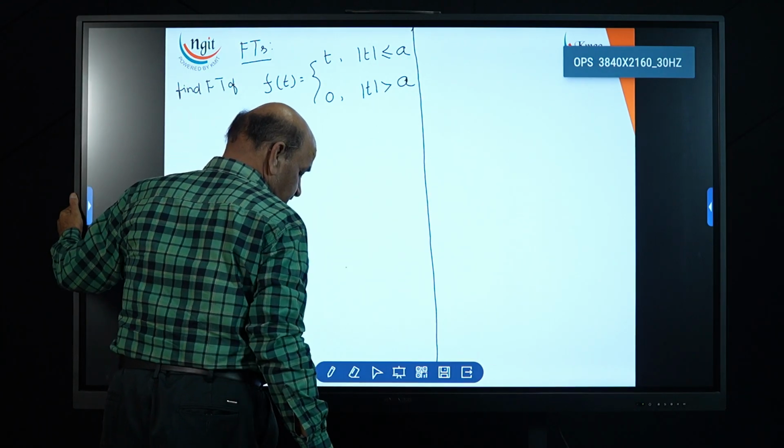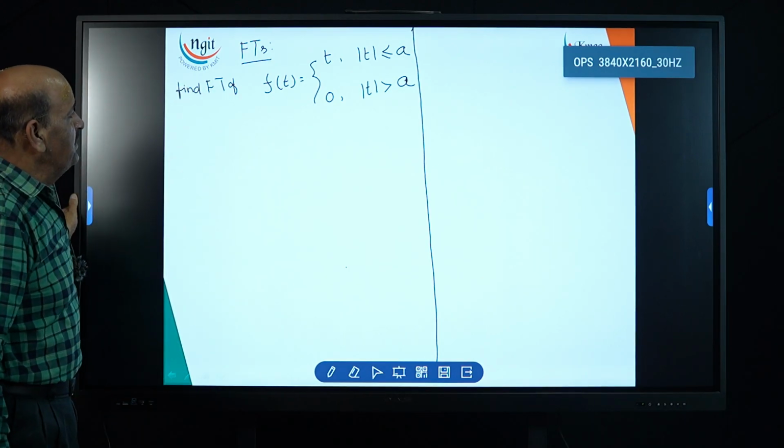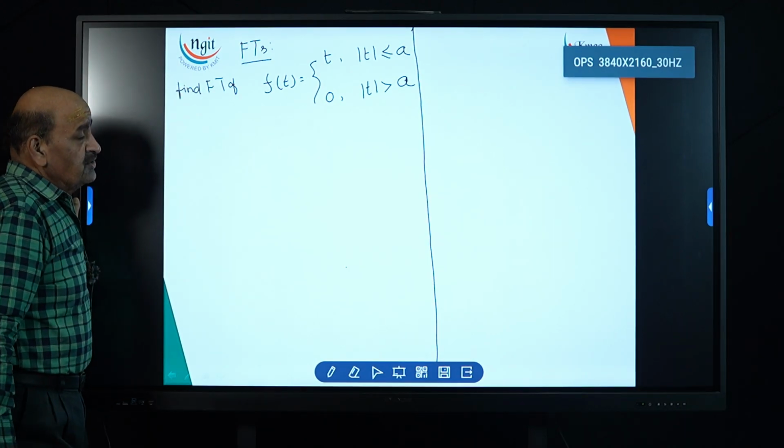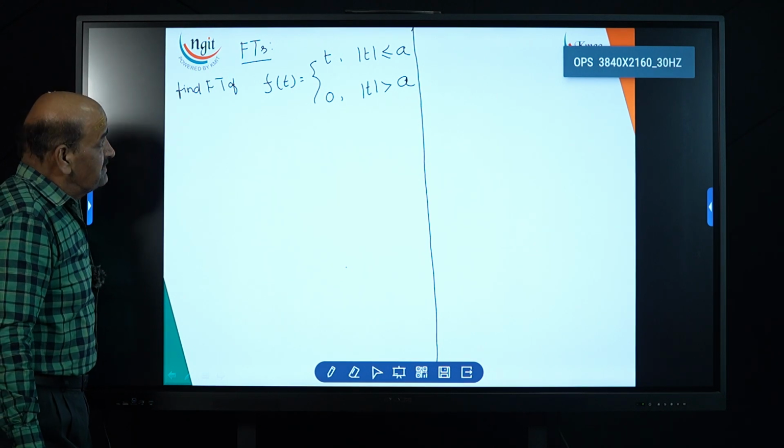That is the question. It is one of the repeated questions on Fourier transforms in university examinations.